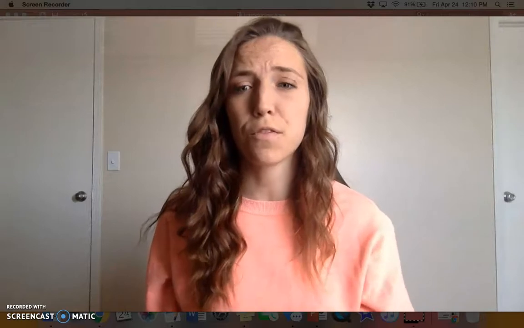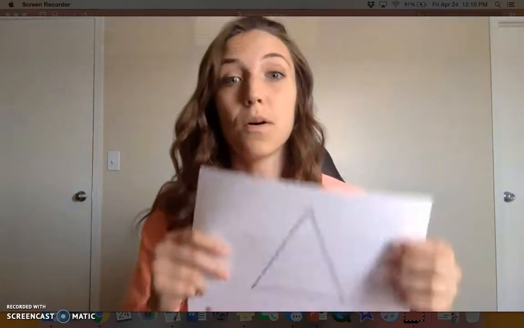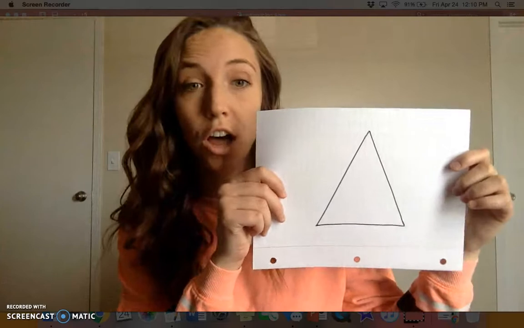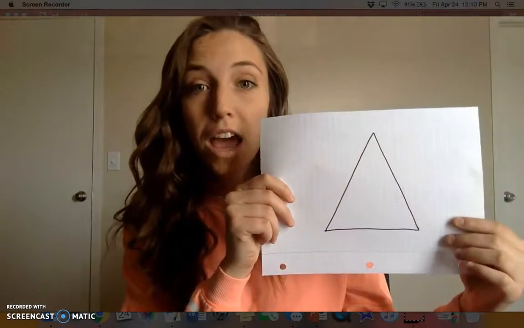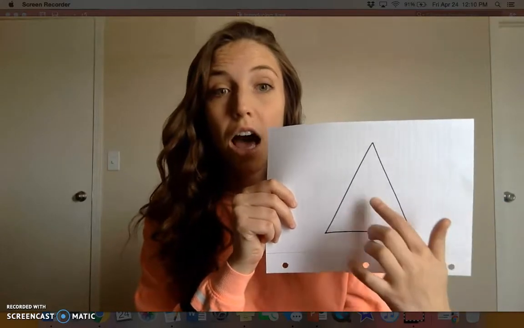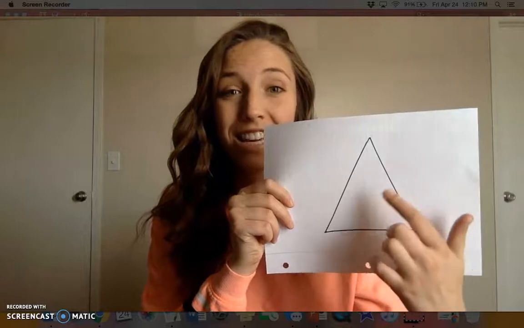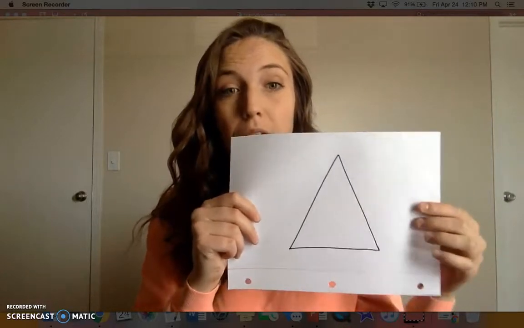All right, I'm going to go over it a little more in our PowerPoint, but before we even start, I just want to show you what area is, okay? So area is the space that is inside of a 2D shape, okay? For example, if I have this lovely triangle right here, if I was wanting to find its area, I would be looking for how big is this space that's inside of the shape, okay?